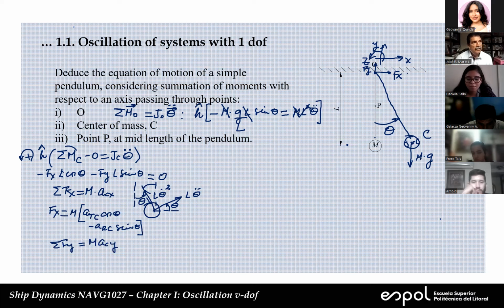So it's the acceleration of the center of mass in the vertical direction. What forces do we have here in the y direction? Zambrano, what forces do we have in the y direction? Fy and the weight. Yes.